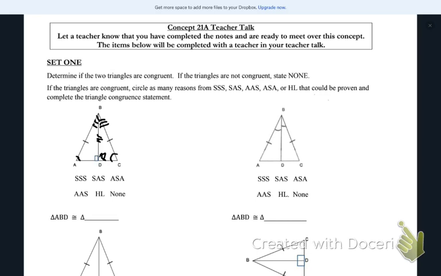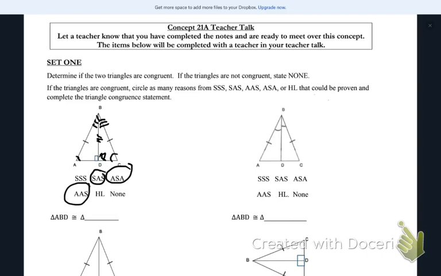We can see that we have side, angle, side going on in this one. We can see that we have angle, side, angle, right? We can see that we have angle, angle, side. And you can go this way if you want, angle, angle, side, or even the other way around. We also have HL, hypotenuse leg, because we have two right triangles.